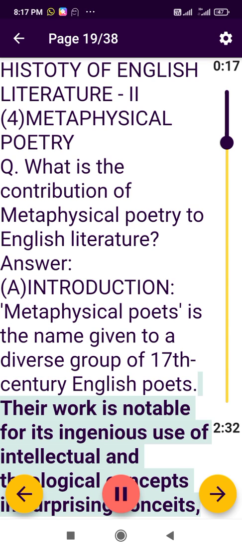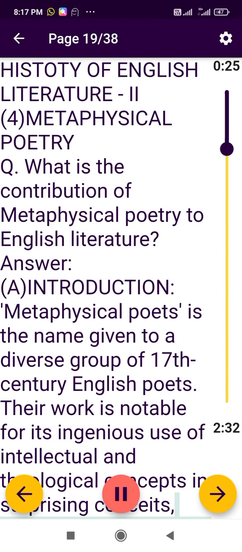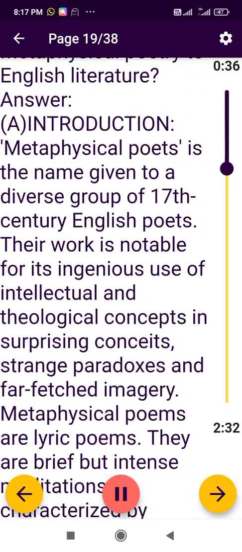Their work is notable for its ingenious use of intellectual and theological concepts in surprising conceits, strange paradoxes, and far-fetched imagery. Metaphysical poems are lyric poems.